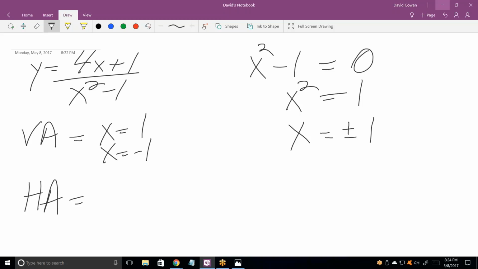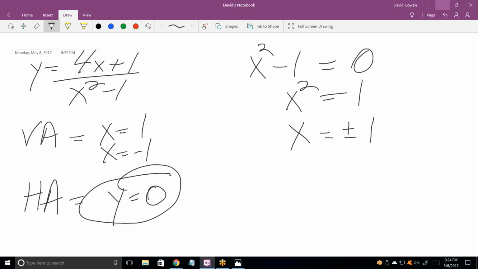No. This is where you compare the highest degree variable in the numerator with the highest degree variable in the denominator. So 1 to 2. The denominator is the bigger one. It's always y equals 0. That's always the case, as long as the denominator is bigger. Okay, I just gotta drill that in.